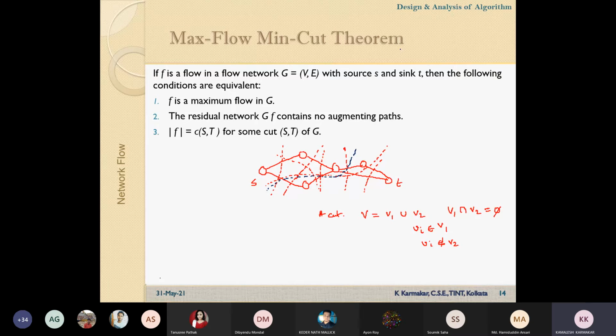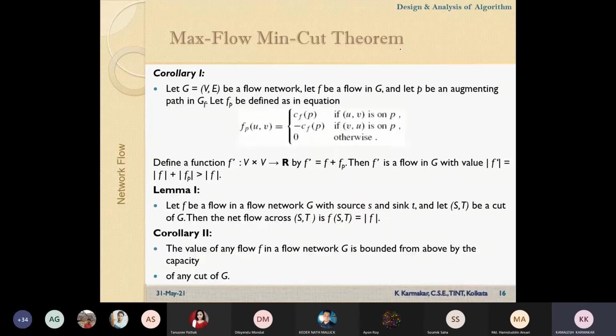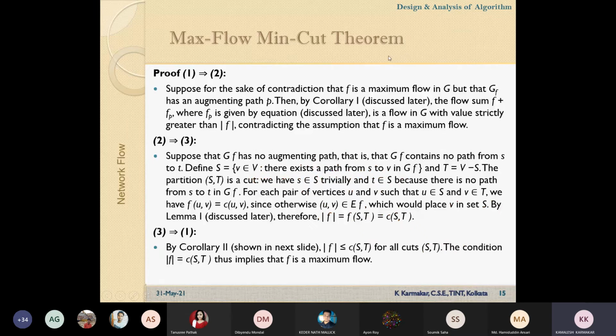Yes, sir. The thing is a little bit complex. Okay, we have a proof by which it can be shown what the maximum flow will be. But let us try to understand the problem first before going to the theoretical discussion.